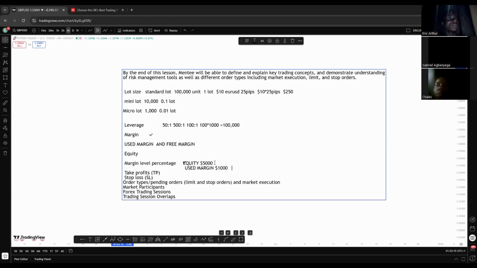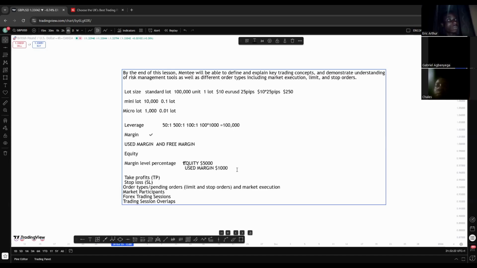You get it? That is the margin level times 100.